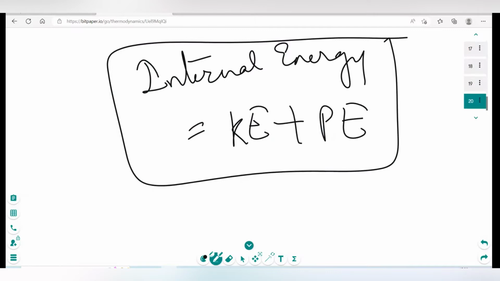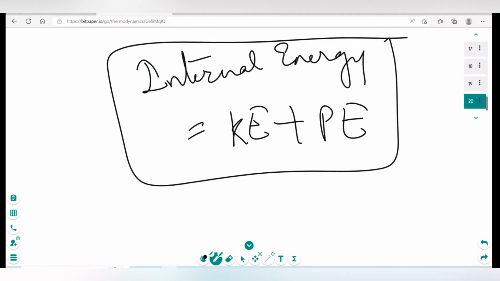So if a question comes in the exam for internal energy, what will you write? It is the sum of kinetic and potential energy of the molecules constituting the system. It is the energy of the object as a whole. It is an extensive quantity. It is denoted by U. It is the macroscopic variable of the system.